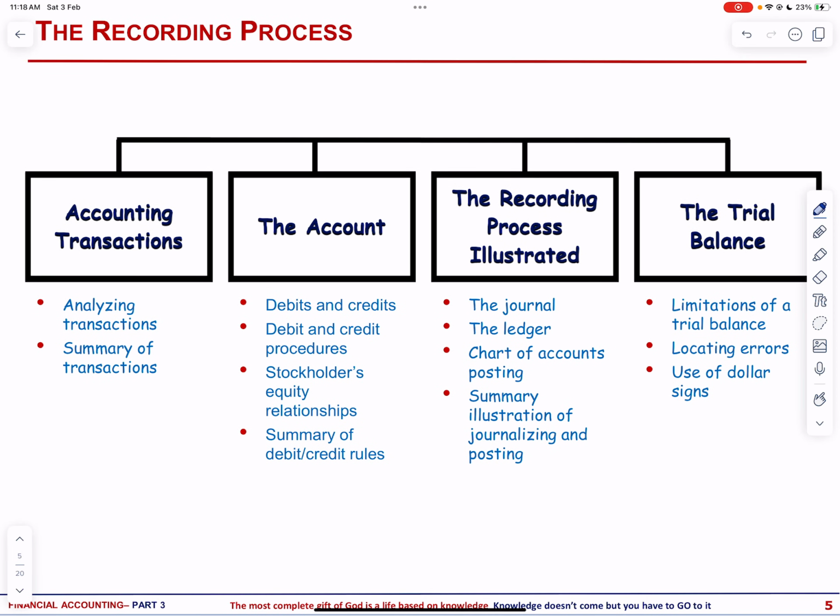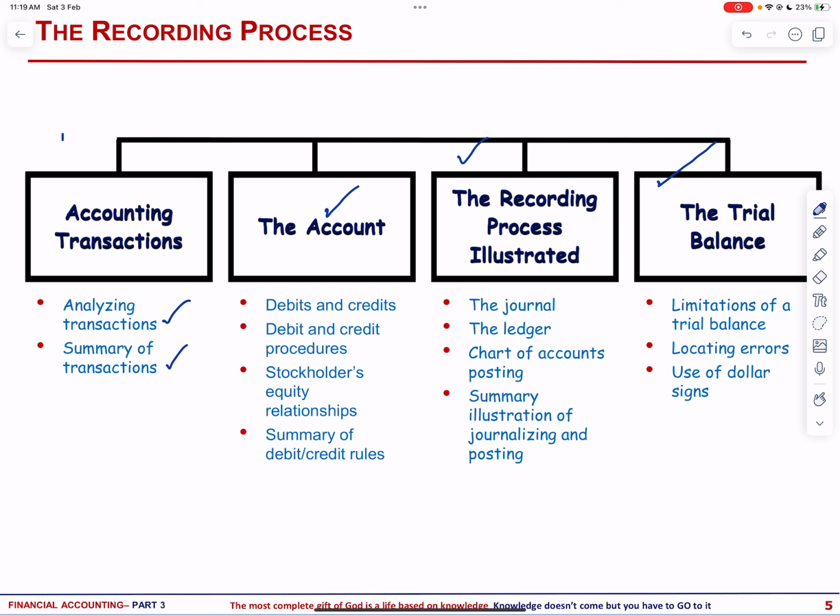In this video, we are going to talk about accounting transactions, how we analyze them, and what we mean by a summary of transactions, while the remaining parts will be explained in the videos to follow.